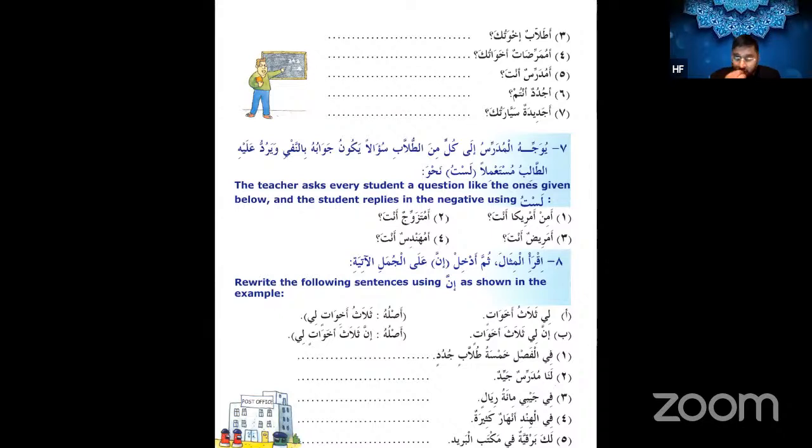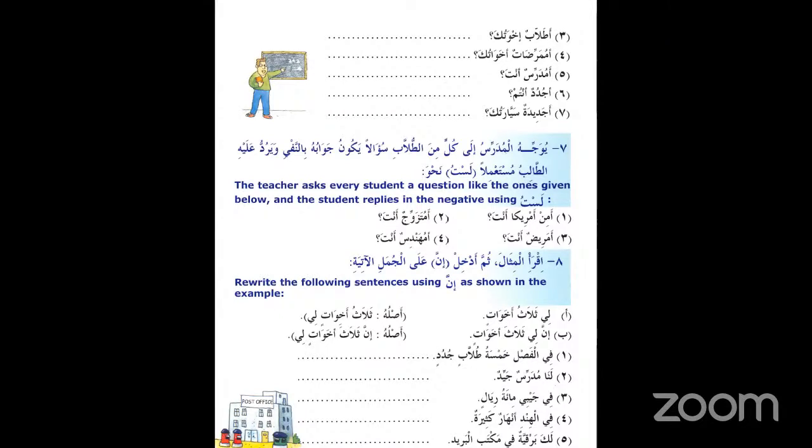Right, sister Roshan, can you do the next one, number 7? Bismillah ar-Rahman ar-Rahim. The teacher asks every student a question like the ones given below, and the student replies in the negative using lastu. Number 1: Amin America anta. Are you from America? The answer would be la lastu min America.